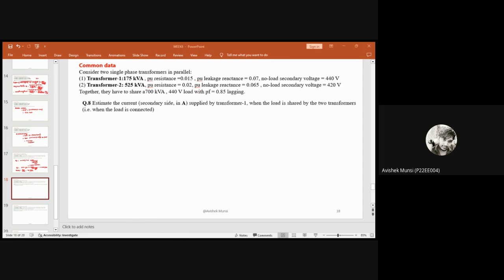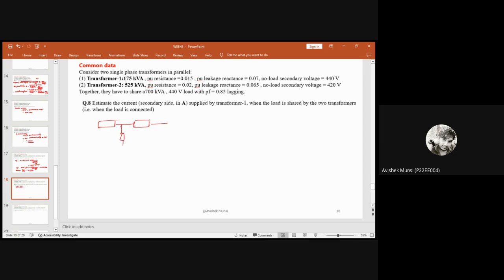Fine, so let me solve this one. So here you have to calculate. So let us consider that this is connected in this manner.